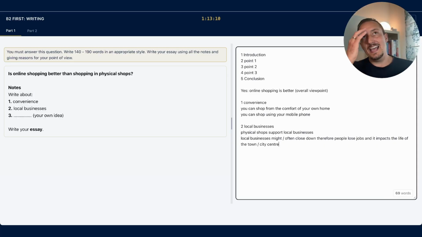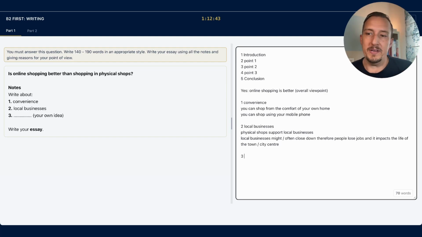So what we're saying here is, without physical shops, local businesses suffer, and therefore the town or city centre or the shopping area suffers, and therefore people might lose their jobs, right? If local businesses close down, that means a loss of jobs. So that will work really nicely as a contrasting paragraph.